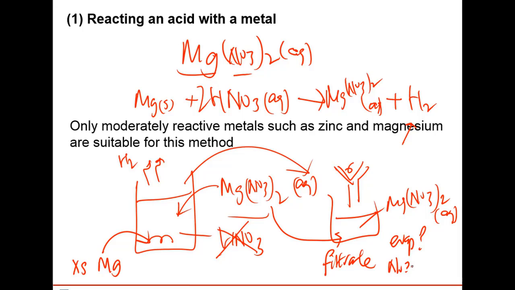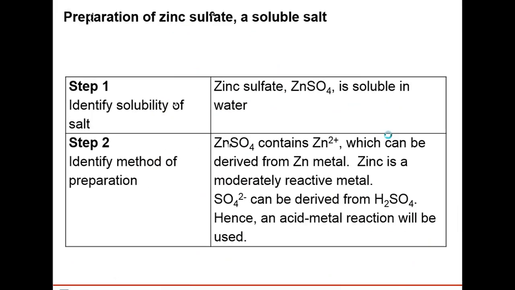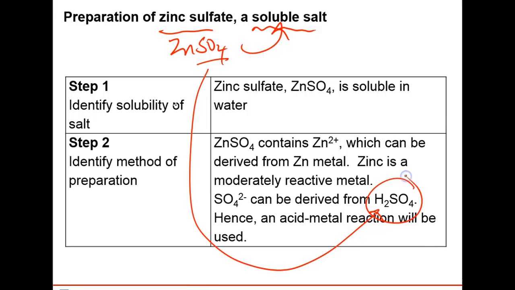So let's go through this bit by bit. We only use an acid-metal reaction for moderately reactive metals such as zinc and magnesium. Let's have a quick example. We want to prepare zinc sulfate. This is soluble in water, so we cannot use precipitation. The SO4 component must come from sulfuric acid.